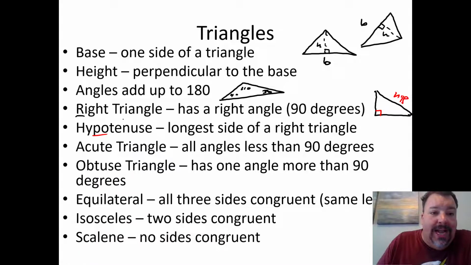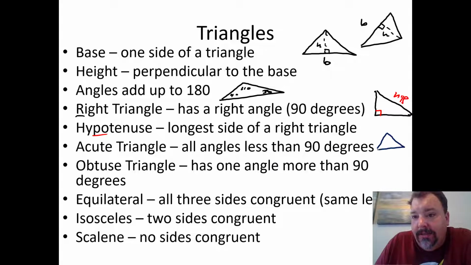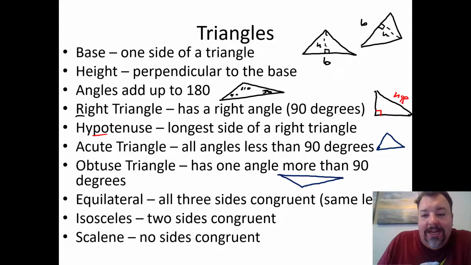We can also have a triangle where all the angles are less than 90 degrees. So an acute triangle like that, all the angles are less than 90. And then you could have an obtuse triangle that has a big angle. It's going to have exactly one angle that's more than 90 degrees. Now it can't have 2 angles more than 90.